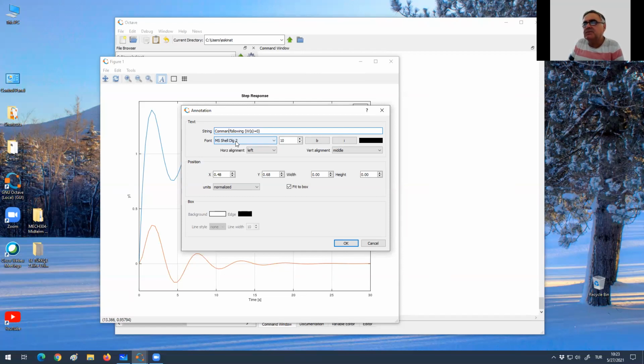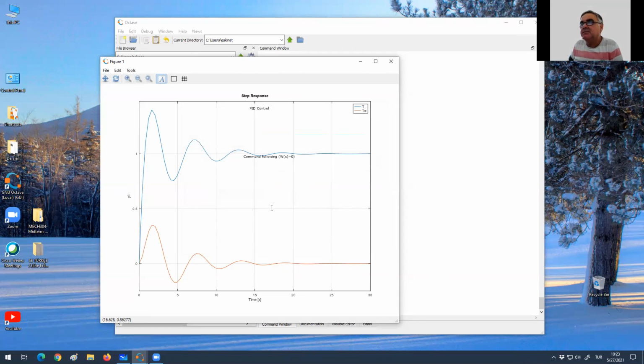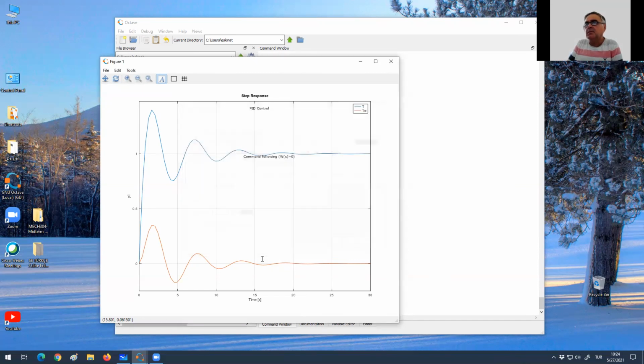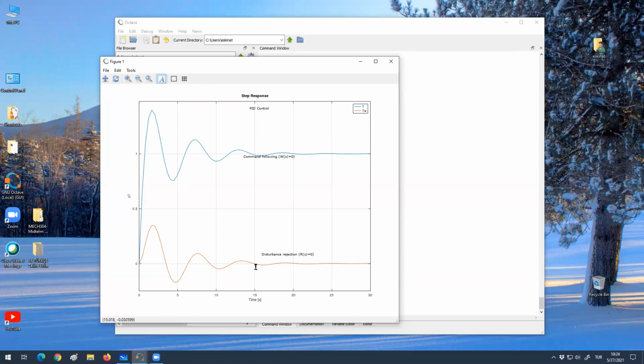And this is disturbance rejection, where R of S is 0. Two different cases, as you see.